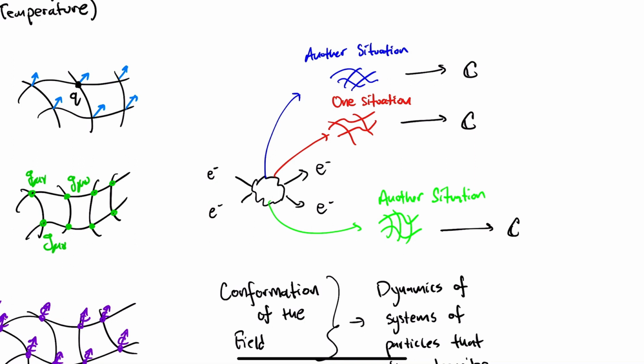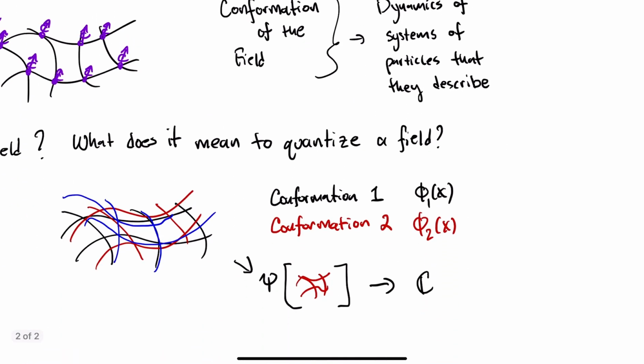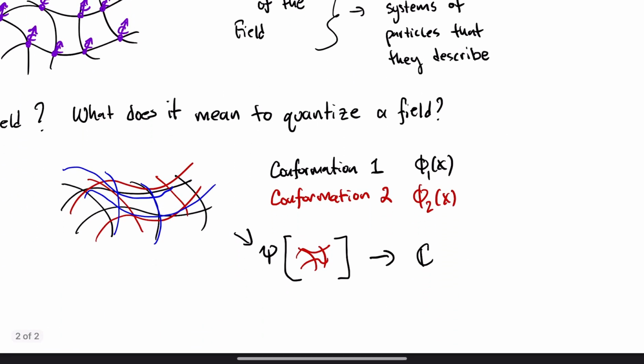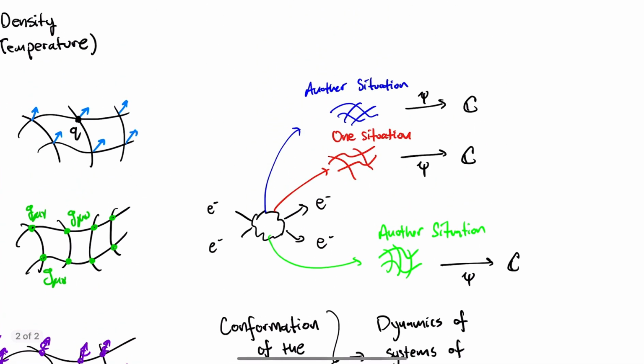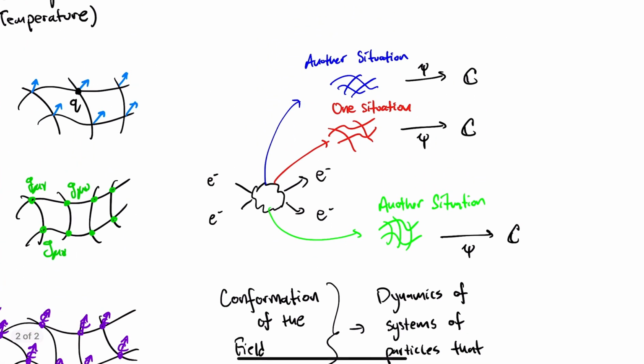We'll just say that's a complex number. And the function that does that is this psi function that I had mentioned right down here. Right, so psi takes in some conformation and it spits out a measurable complex number.